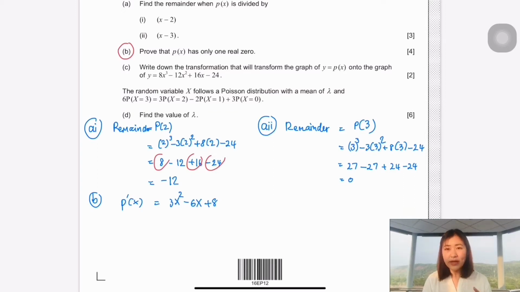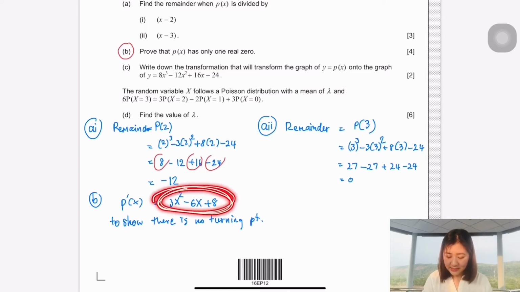We are showing that there is no turning point. To show there is no turning point, you have to show this graph, if we can plot it, is a quadratic graph.